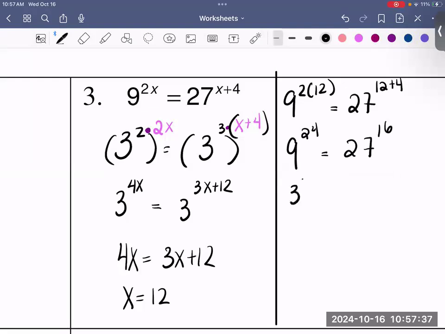So we said 9 is really written as 3 squared, so 3 raised to the second power to the 24th is equal to 3 cubed to the 16th. Well, 2 times 24 is 48 is equal to 3 times 16. So again, 48. And so you'll clearly see that these are both matching. So therefore, we have the correct solution.